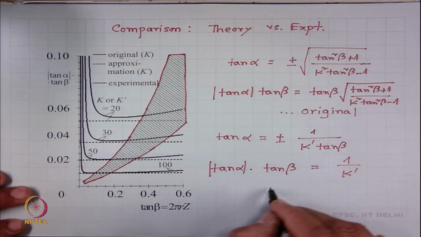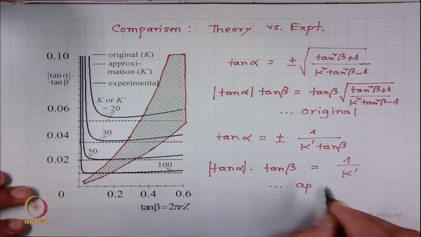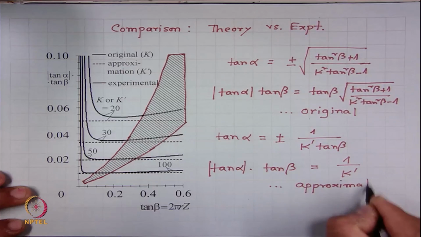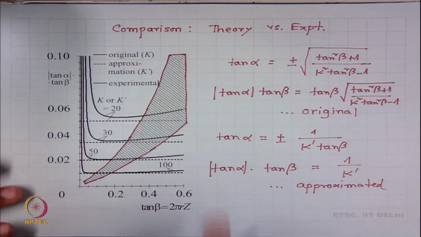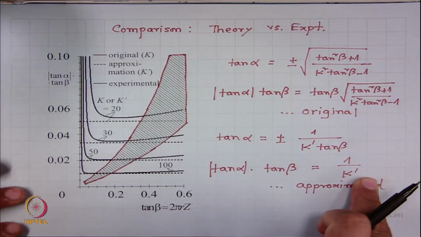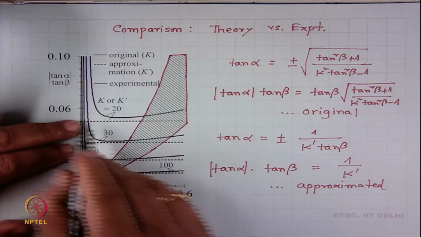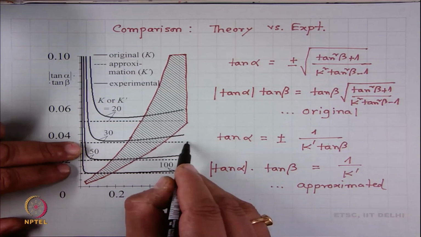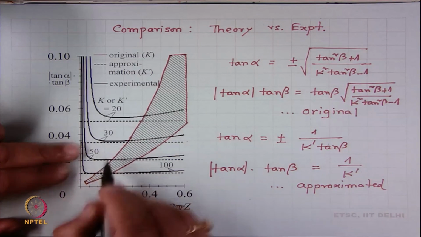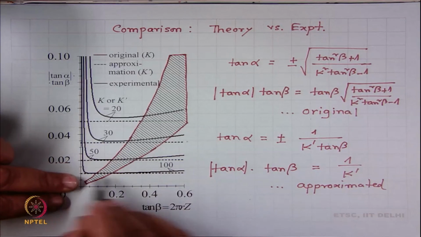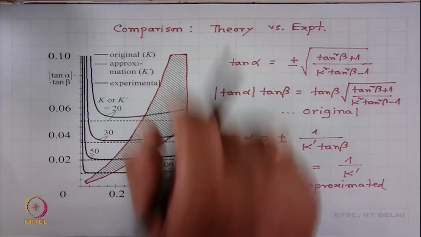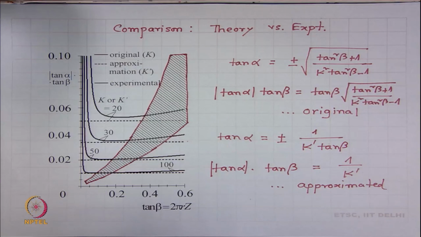So, this was the approximated one, with k prime. Obviously, this is constant because k prime is constant. So, this expression is constant; that is why you see a line parallel to the x axis, for k prime equal to 30, 50, and 100. So, this is about this curve, and the experimental results were obtained using the tracer fiber technique.